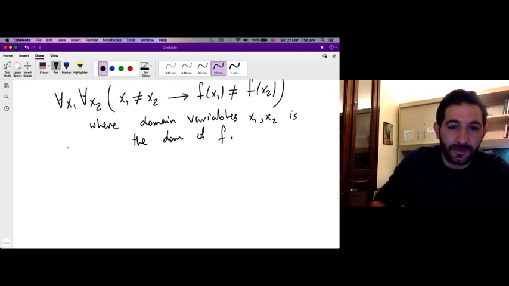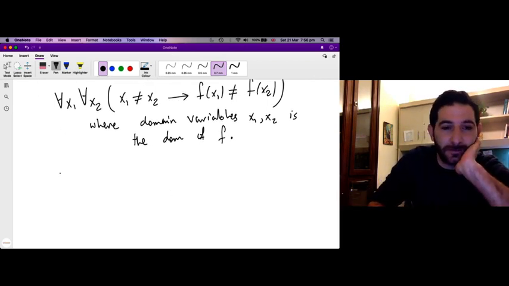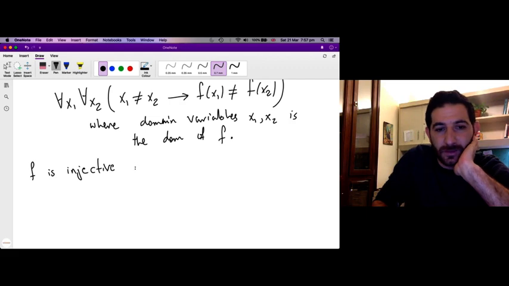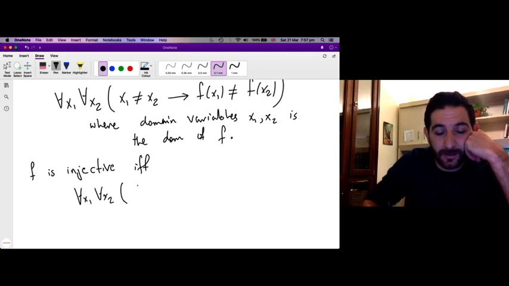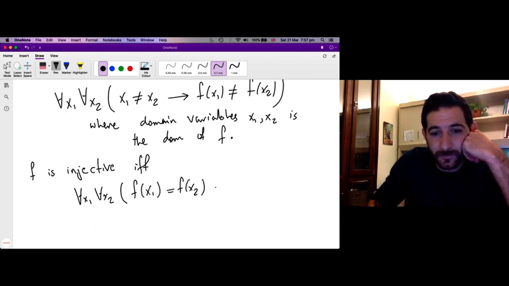Okay, now f is injective if and only if, let's write the contrapositive of this, if and only if for every x1, for every x2 in the domain of the function, if these two elements have the same image, then these two elements must be equal to each other.